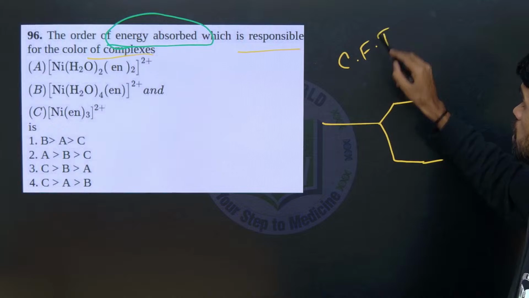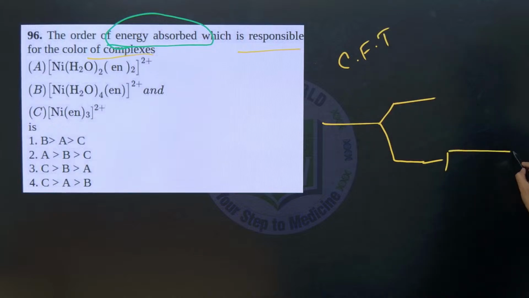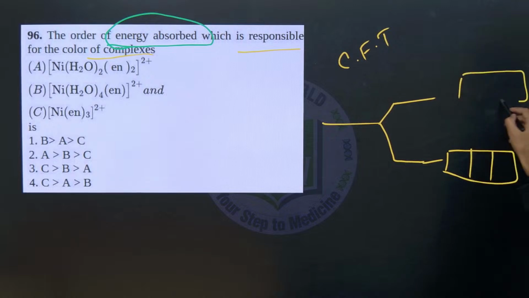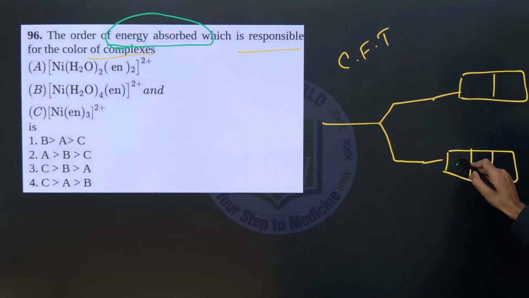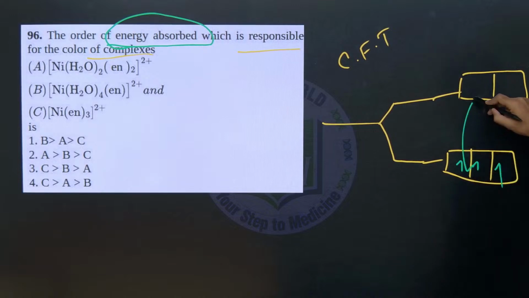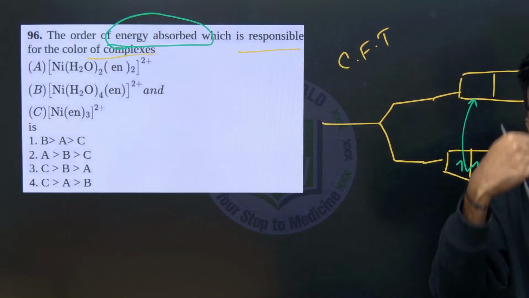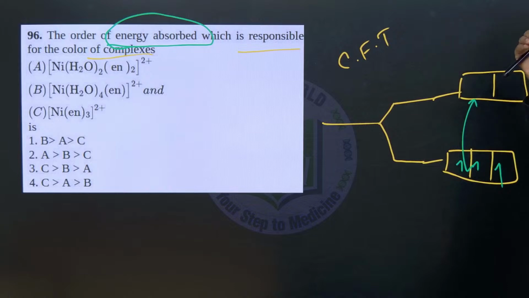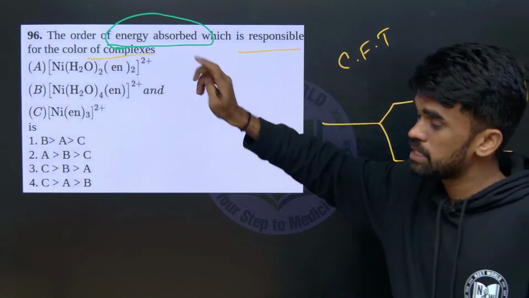There we see splitting of orbitals into two energy levels, T2G level and EG level, in an octahedral complex, right? Now the electrons from the lower energy state excite to the higher energy state. During this process they require some energy to excite an electron from lower to higher energy. So that is the energy they are talking about.